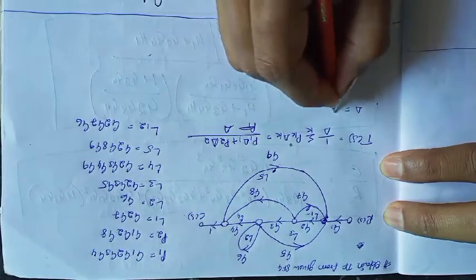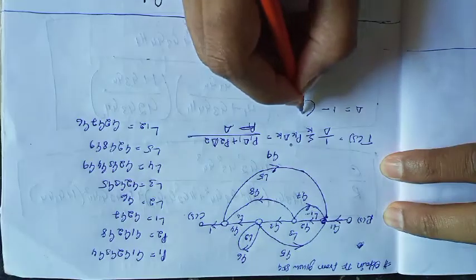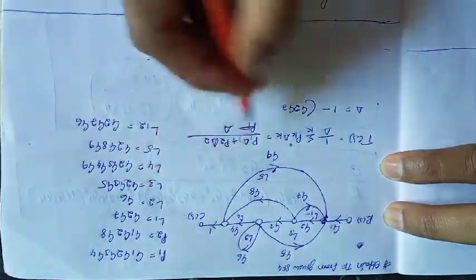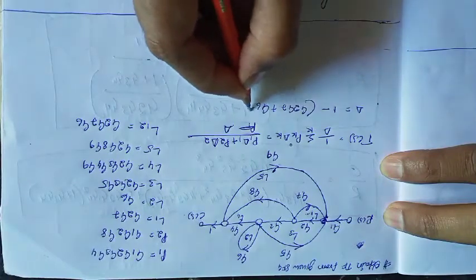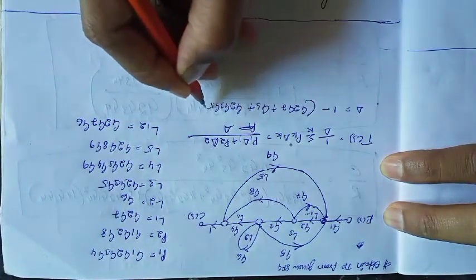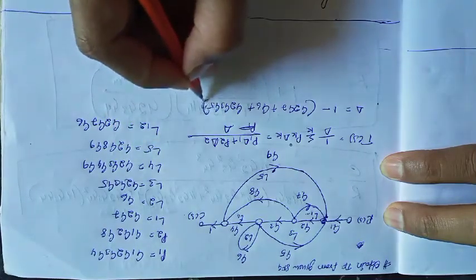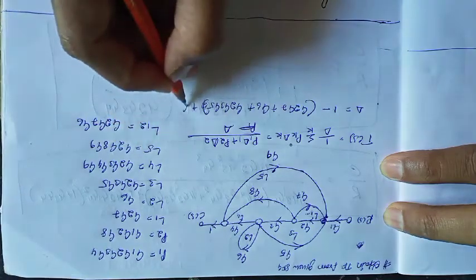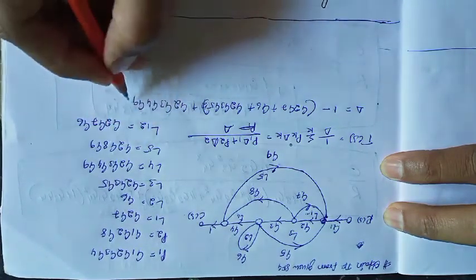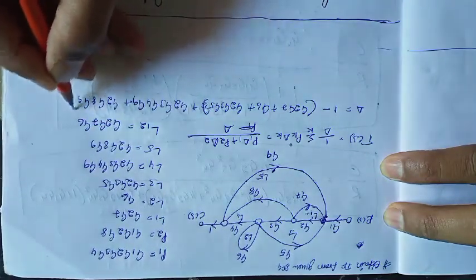Delta is 1 minus the individual loops: L1, its gain is G2, G7, plus G6, plus G2, G3, G5, plus G2, G3, G4, G9, plus the individual loop G2, G8 and G9.